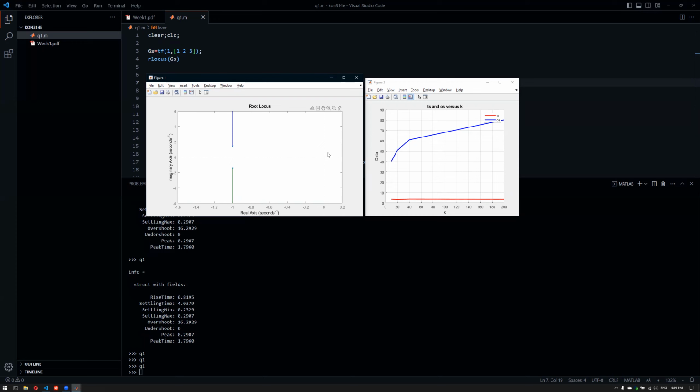Now the overshoot value here is determined by using the damping ratio, and we can see that when we go up on this branch, we have an increasing slope here. And this slope corresponds to a lower damping ratio value.